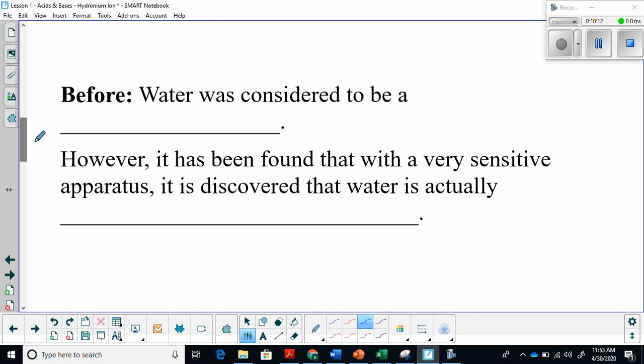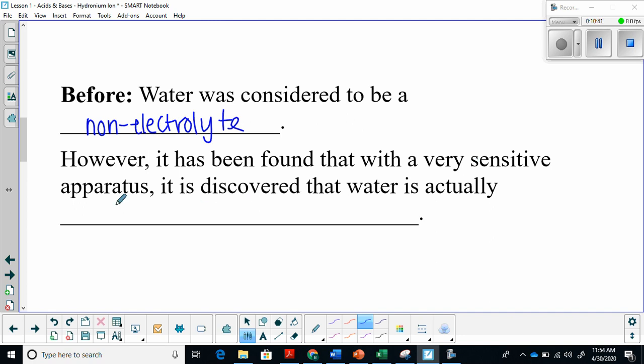So before, water was considered to be a non-electrolyte. However, it has been found that with a very sensitive apparatus, a very high-tech, very accurate conductivity meter, water is actually weakly conductive.